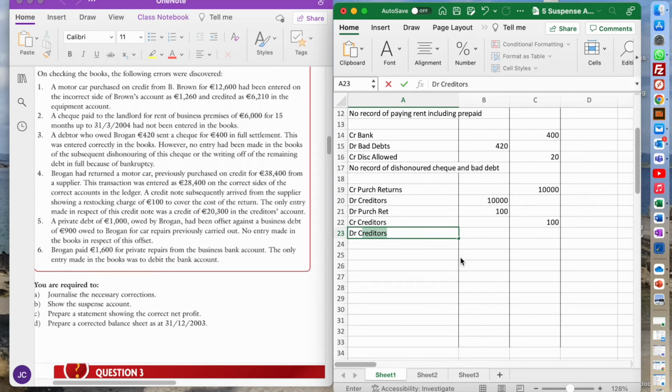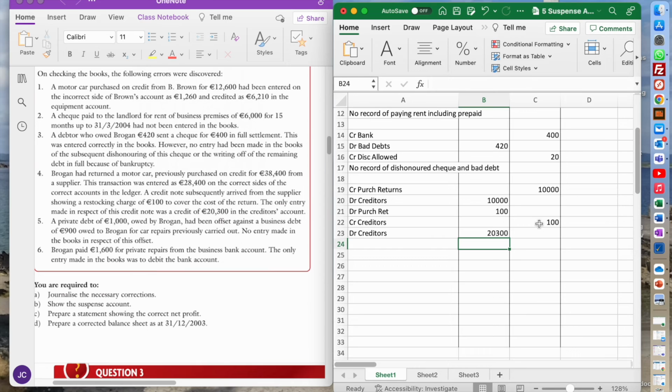And then we have a debit in creditors to cancel what I did in the first place, the 2,300. Now just be aware, you now have 3 entries in the creditors account. You could have put the net figure in, which would be 30,200. You could have put that in instead, just so that you understand. And same with purchase returns, I could have put 9,900 in purchase returns instead.